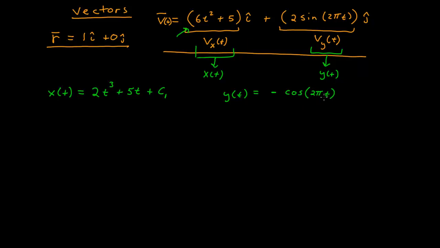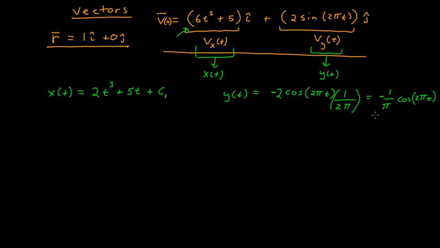But again, if I differentiate this, I'm going to get the chain rule. There's this 2 out here. I get this chain rule that would give me another factor of 2 pi. So for the antiderivative, I have to multiply this by 1 over 2 pi. And this gives me negative 1 over pi cosine 2 pi t.